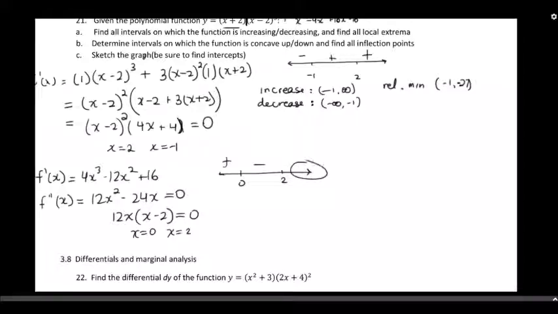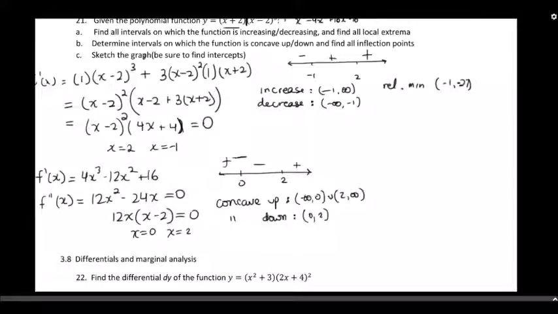And then a test value in that interval could be 3. That makes a positive and a positive, which is positive. So it's concave up on the intervals negative infinity to 0 and 2 to infinity, and it's concave down on the interval 0 to 2.